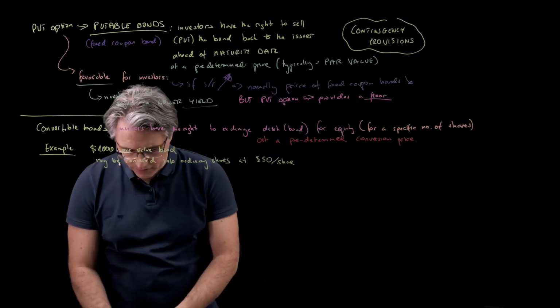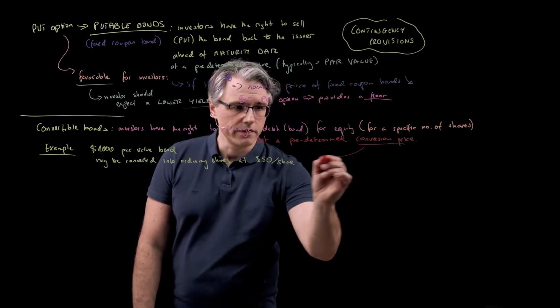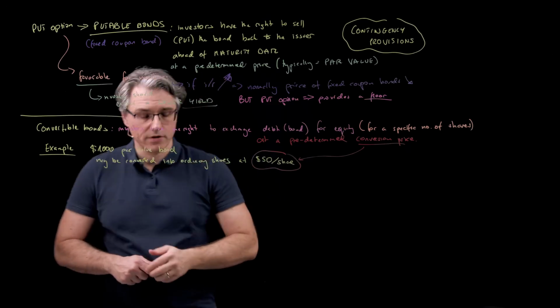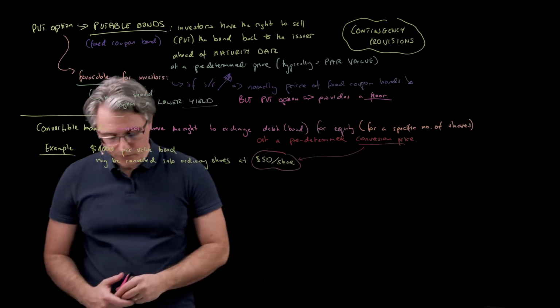So that $50 per share would be your conversion price over here, right? And from this, in a moment, we'll try to compute a conversion ratio, which is actually very, very simple.